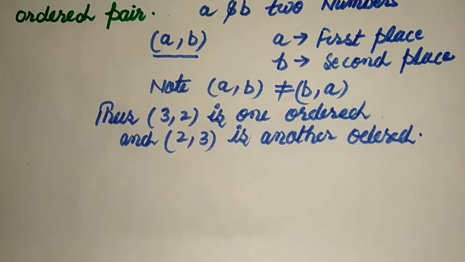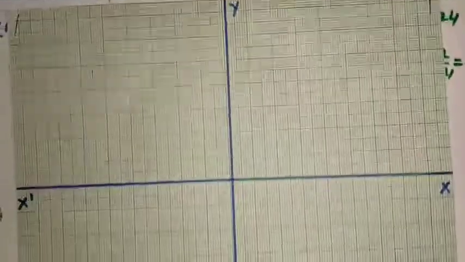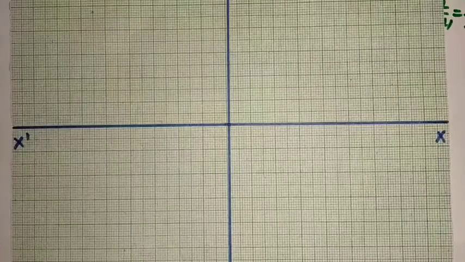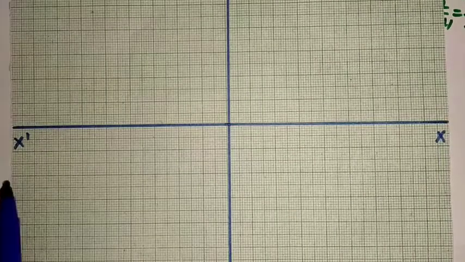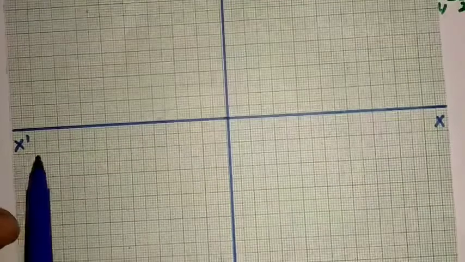Now coordinate axis, we have a graph here. And we can say we have two lines here.